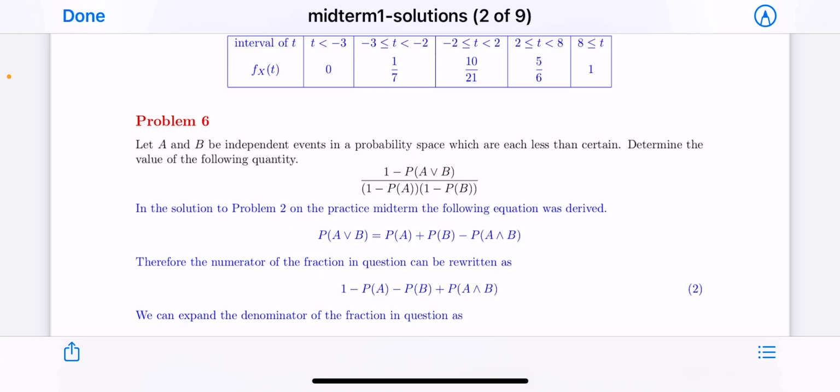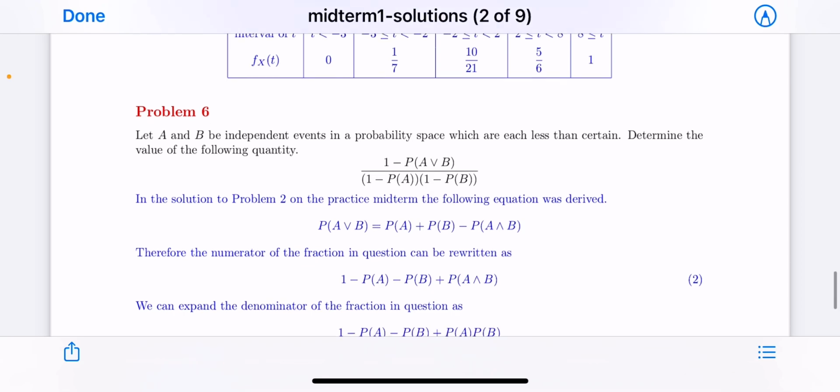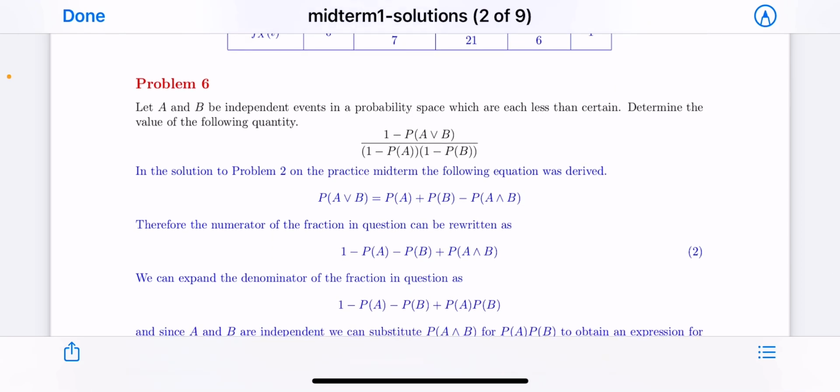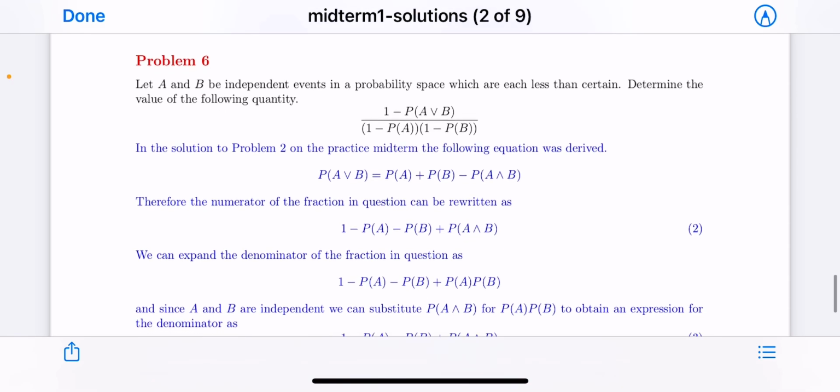And because I have a conjunction, I have some hope to apply my hypothesis about independence. Okay, so we can just multiply out the denominator of the fraction, and then we can do what we need to do, which is involve the definition of independence somehow.